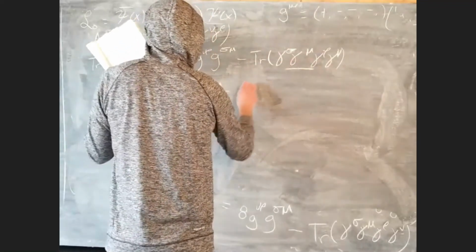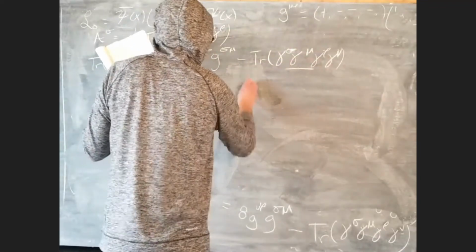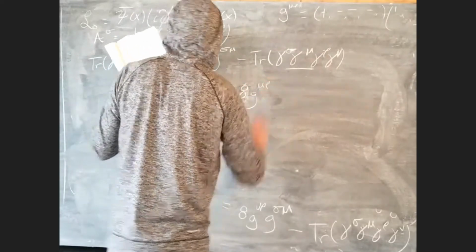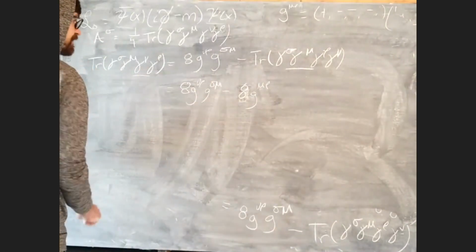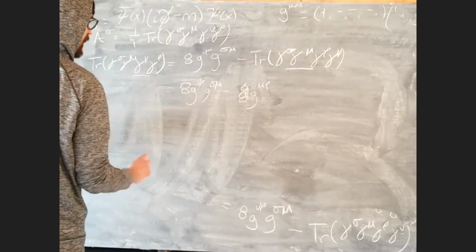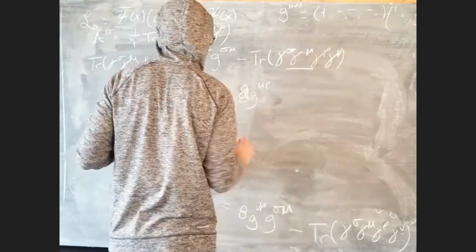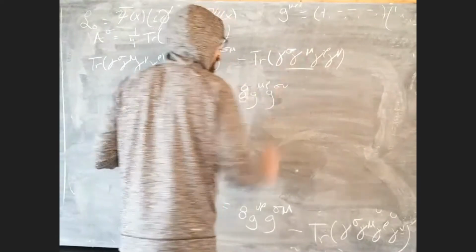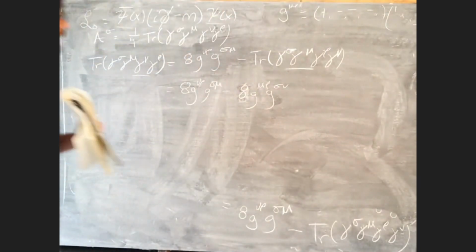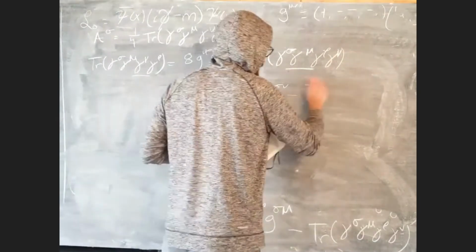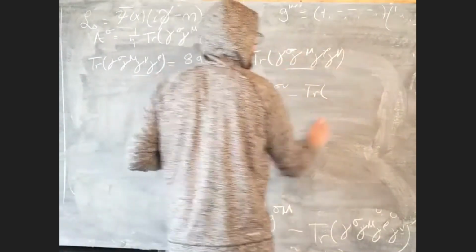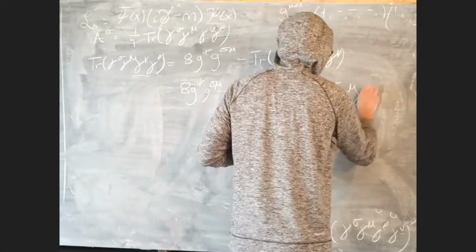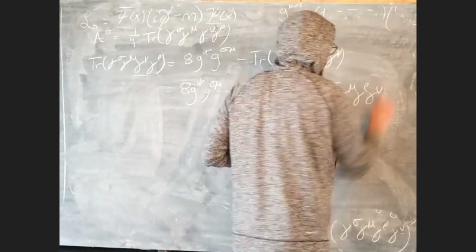So we'll get an 8 G mu rho, just like we got for the first one. This was the first one, and we got nu rho. Now we have mu rho, and a G for the remainder, sigma nu. And then the trace of these two permuted. Gamma sigma, gamma mu, gamma rho, gamma nu.